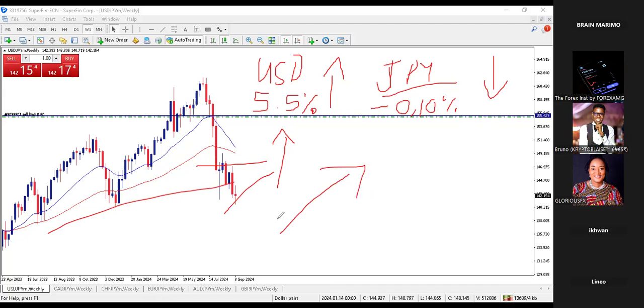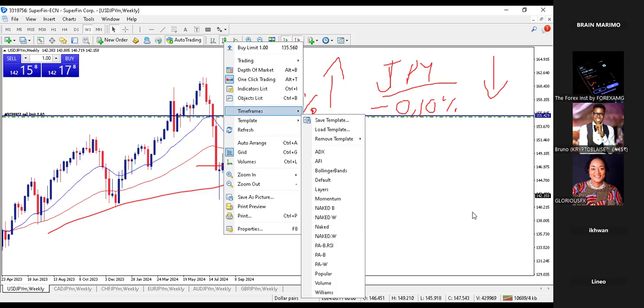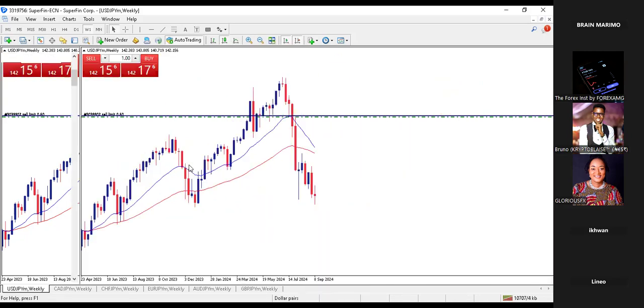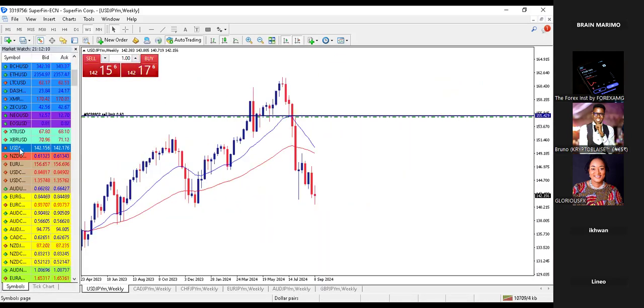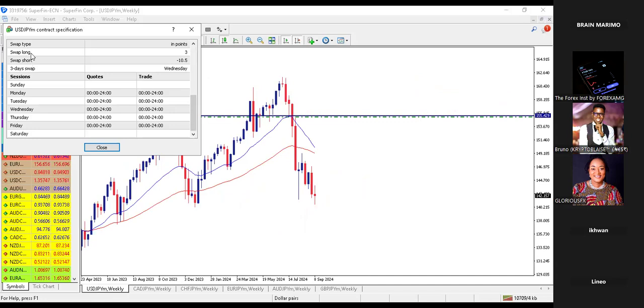Interest for holding those positions. You would go to the USD JPY specifications, for example, click there, go to specifications, scroll all the way down: swap long, swap short.